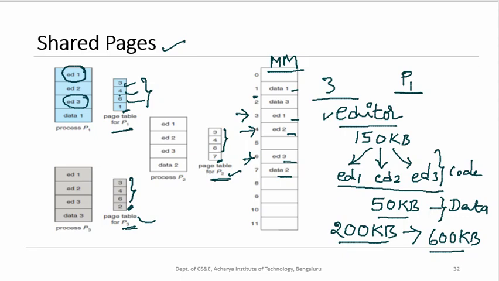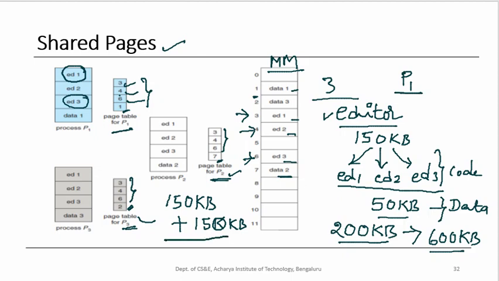So what we have now done is that we have used only 150 KB of memory space for the editor code, and we have given another 150 KB of space for all three processes for storing their data during execution.